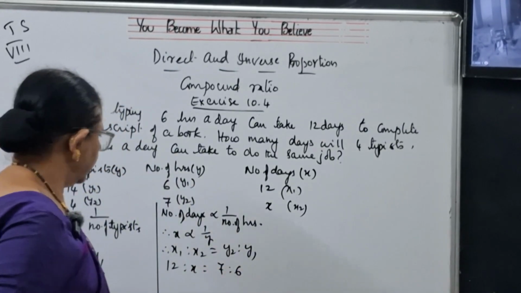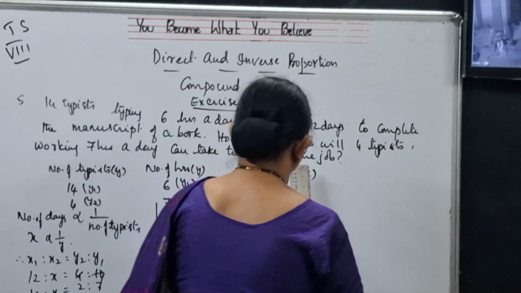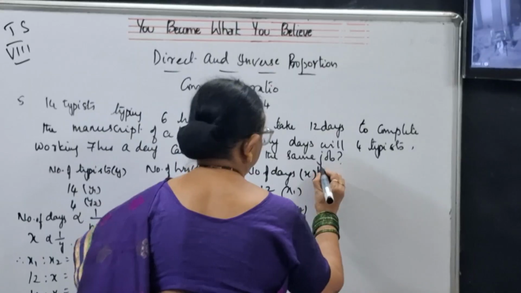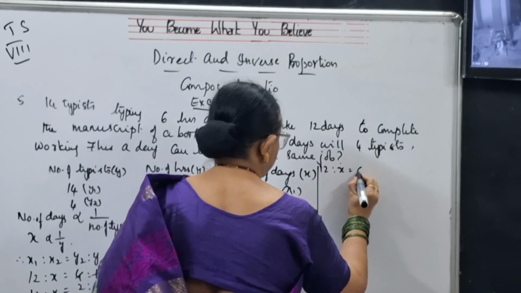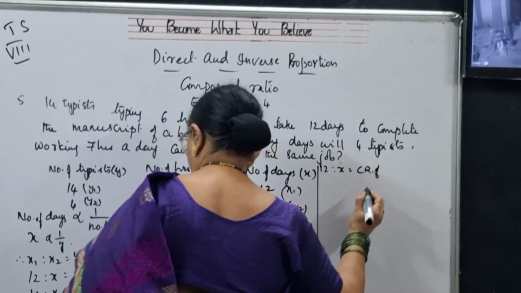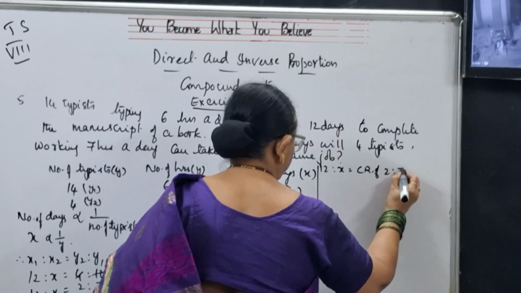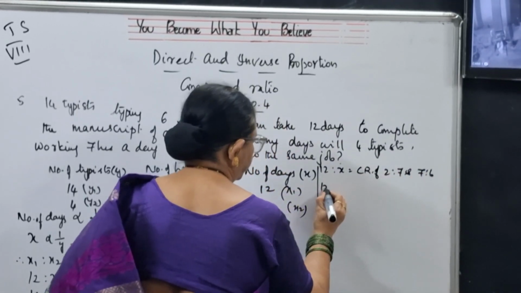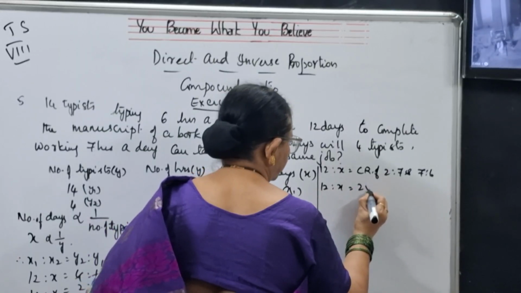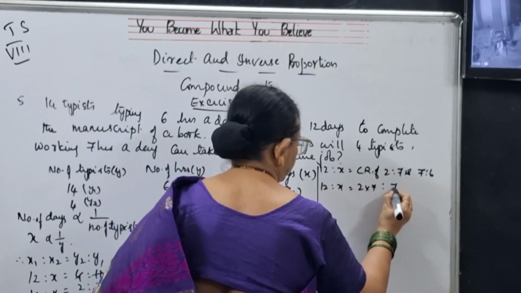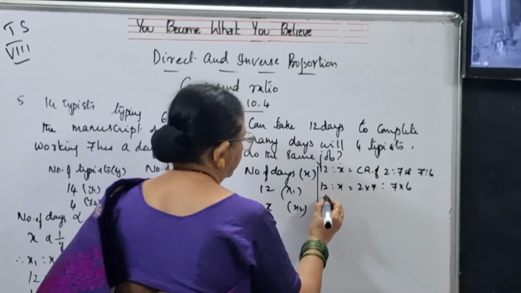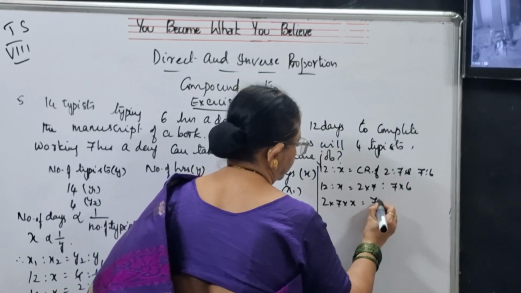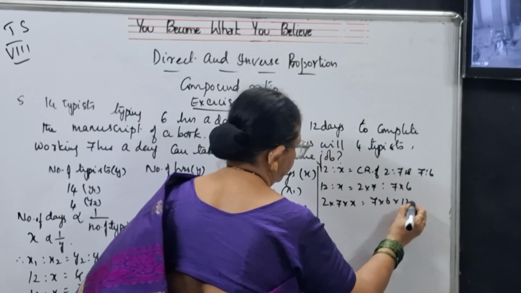Let us continue. So 12 is to X is equal to compound ratio of 2 is to 7 and 7 is to 6. That means 12 is to X is equal to 2 into 7 is to 7 into 6. So 2 into 7 into X is equal to 7 into 6 into 12.